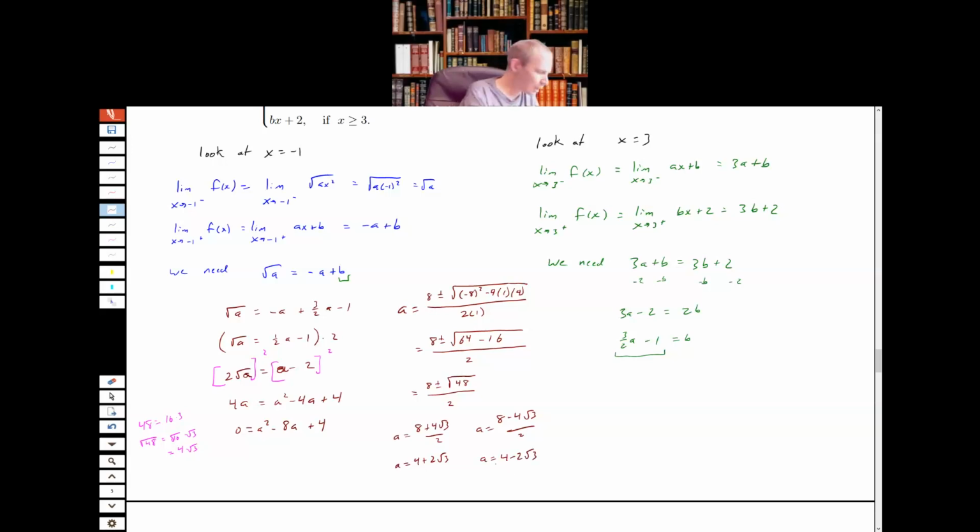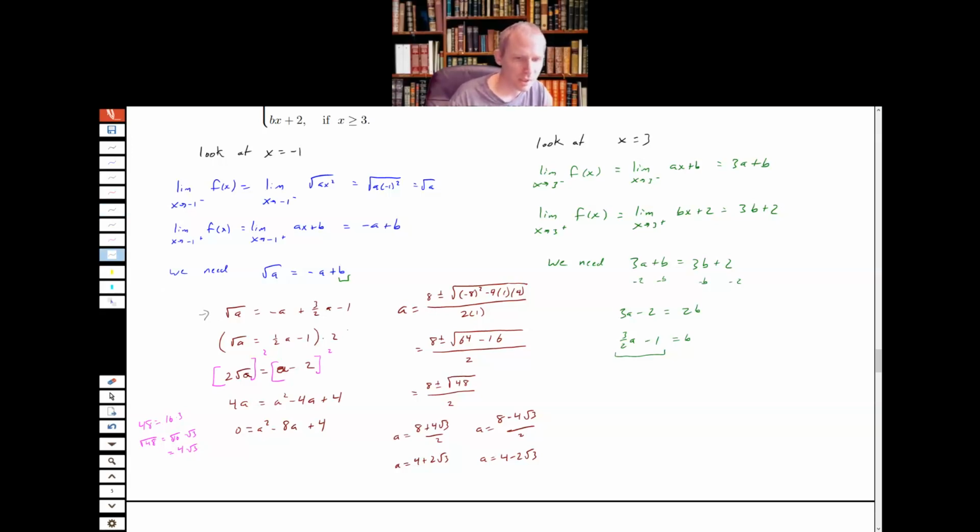Okay, now just double checking here. 4 minus 2 times the square root of 3. Oh, and my calculator says 0.53. So I want to make sure that both of these a values actually solve my original equation back here. This is the equation I wanted to solve.